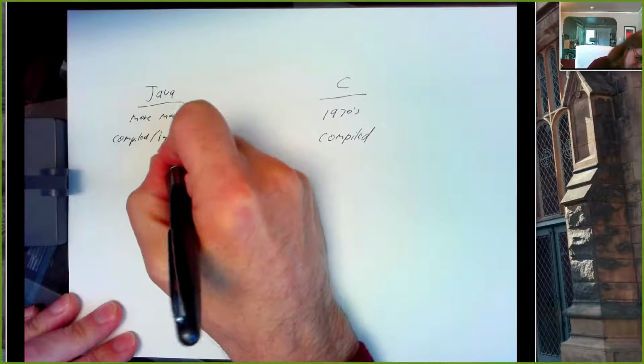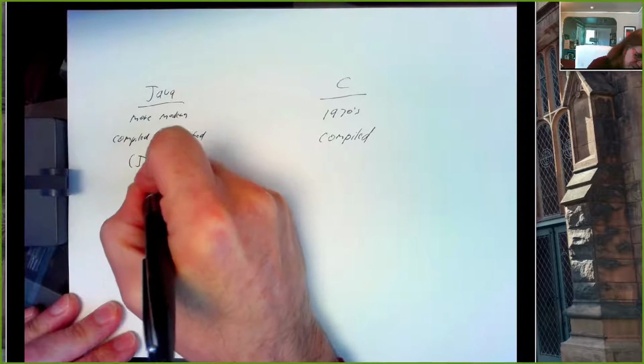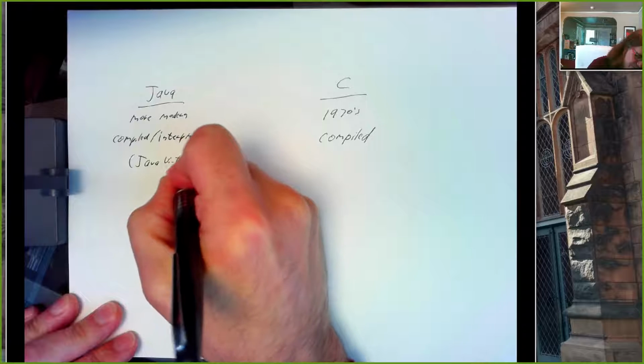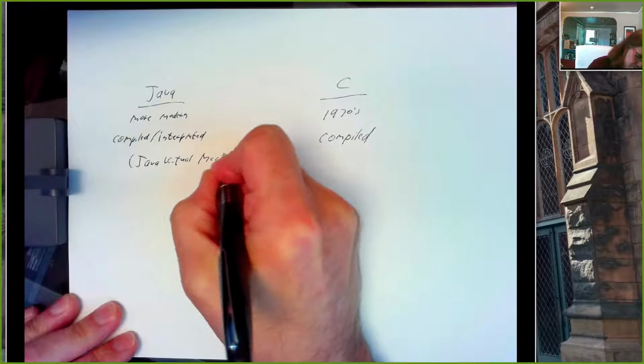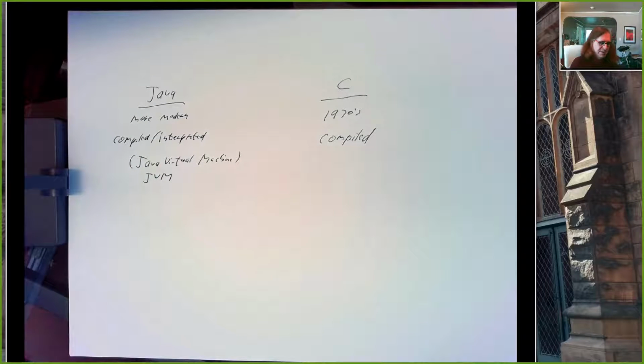It's actually interpreted by something called the Java virtual machine, the JVM. So it's like a virtualization. We have our CPU, the actual hardware, and running on that is this thing called a JVM. It's a program, and what it's doing is reading bytecode, compiled Java code, and interpreting it.